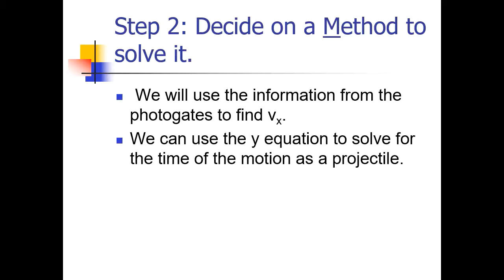Now, since we know the horizontal velocity, all we need to do to find the distance that the ball goes horizontally is to find the time of flight. So we can use our vertical information to find the time of flight. We'll use this equation.